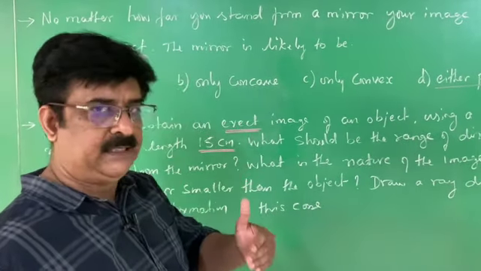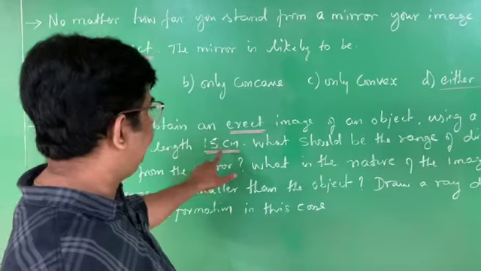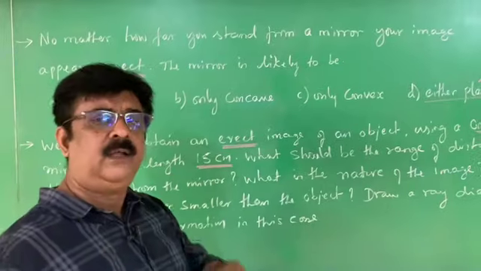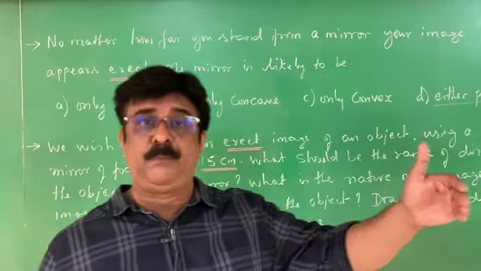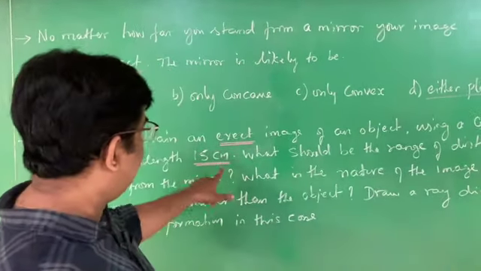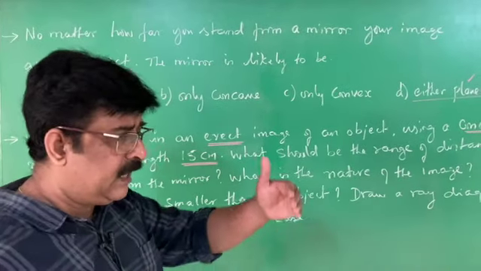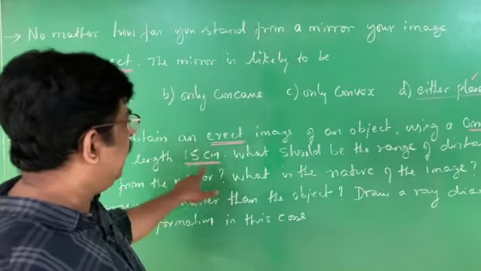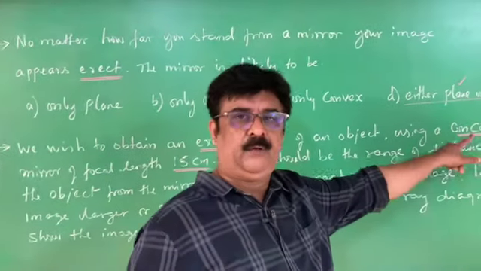Therefore, at any distance less than 15, if we keep the object, we get an erect image. We can keep it at 14 centimeter, 13 centimeter, 10 centimeter from the pole of the mirror, whatever it is. The range of distance is up to 15 centimeter. We can keep the object there to get an erect image by using concave mirror.